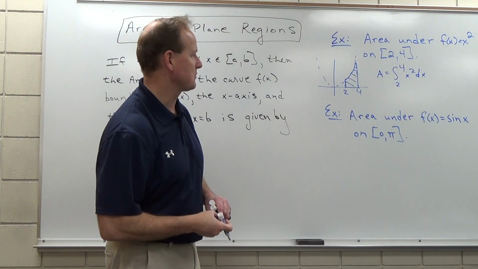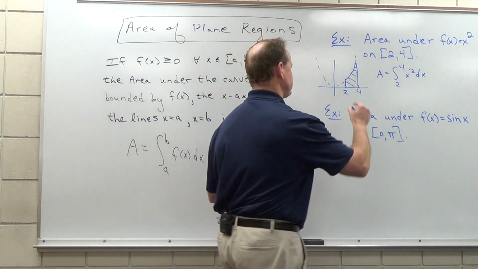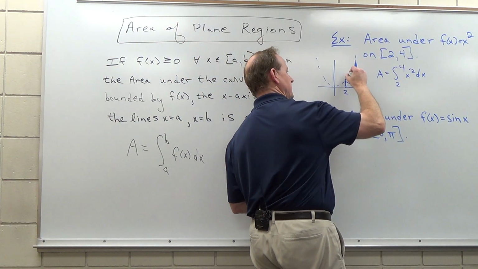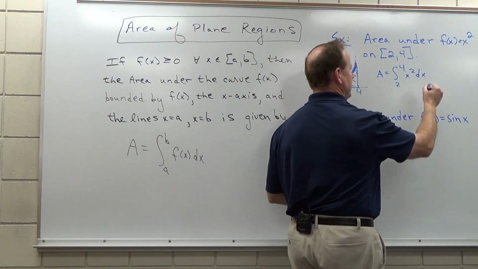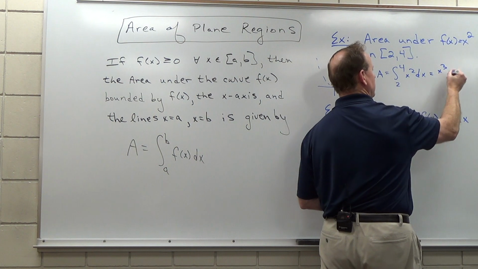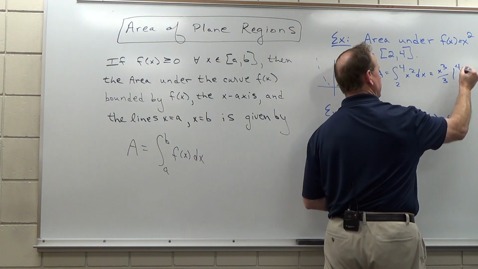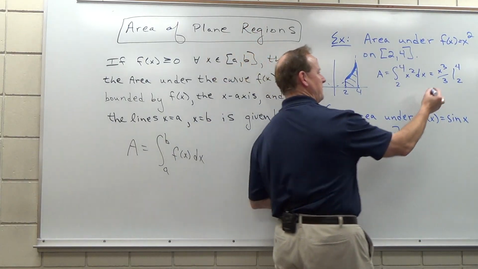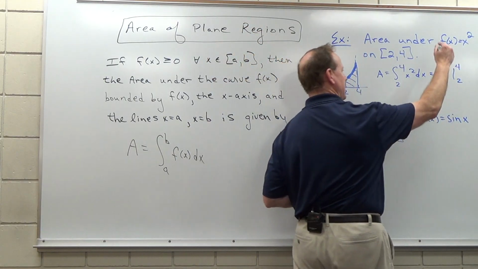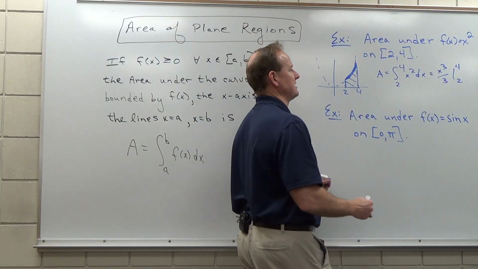So we know that x squared is greater than or equal to 0 on that closed interval. So right there's the function f of x, and trying to come up with that area, this is just going to be x cubed over 3 evaluated from the lower bound of 2 to the upper bound of 4. I know before I was putting a little bracket on there, but I like to just do a straight line, save a little time there.